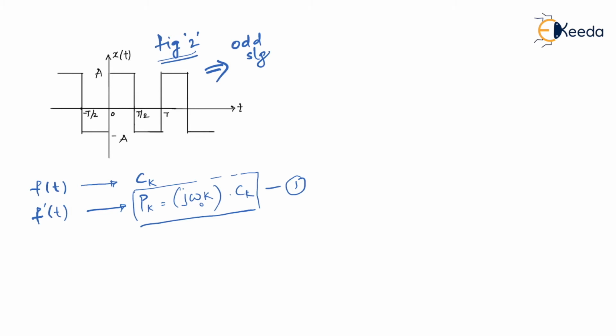The value of ck that we get for this odd signal is minus j 2a upon k pi, strictly for k odd. Is that right? Now, to avoid confusion, I'll replace this ck with another letter, dk.